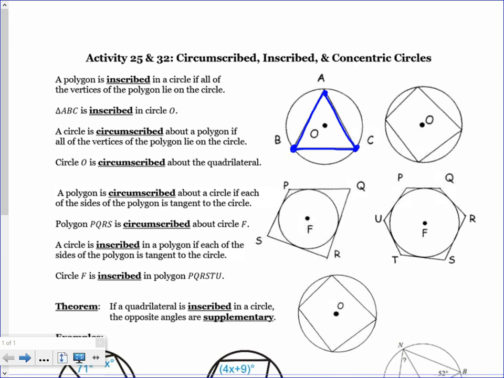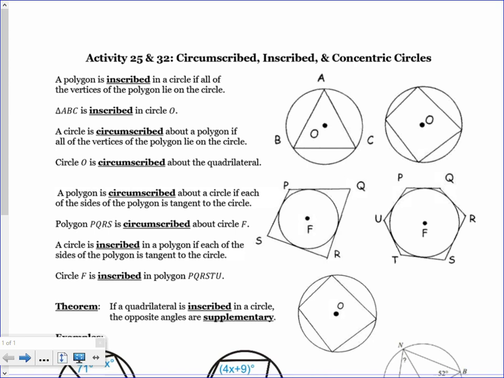Over on this other one, we have a circle and there is a polygon that has the vertices on the circle. So this polygon is inscribed in the circle. There is another way to refer to this figure, and that is to talk about the circle.